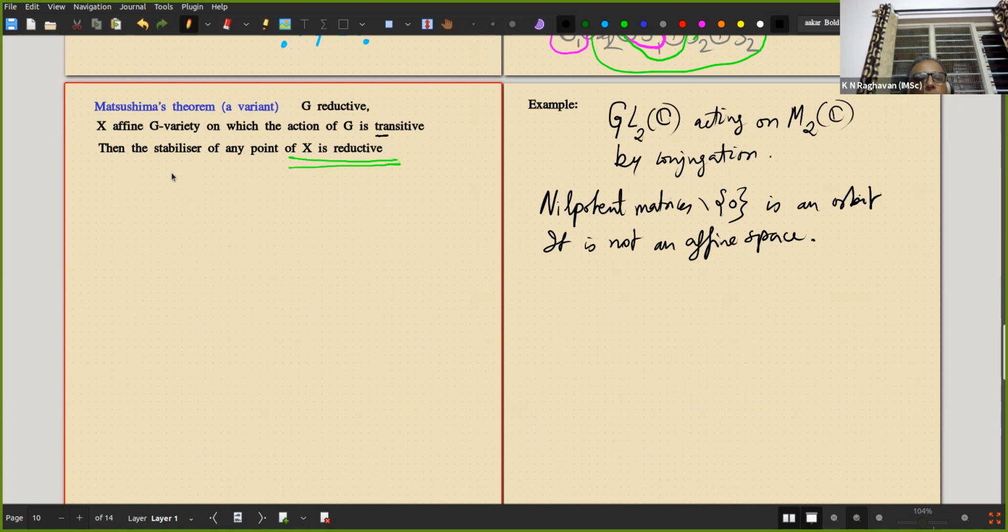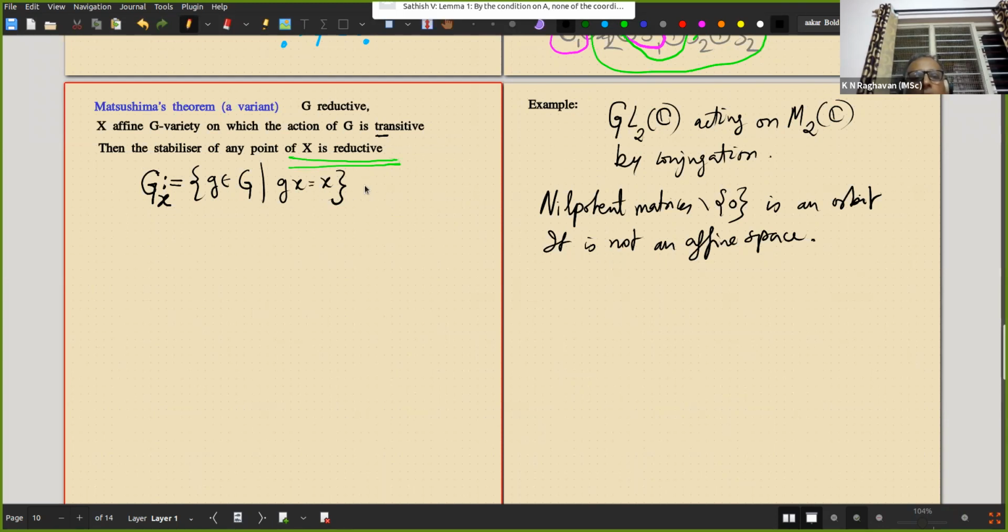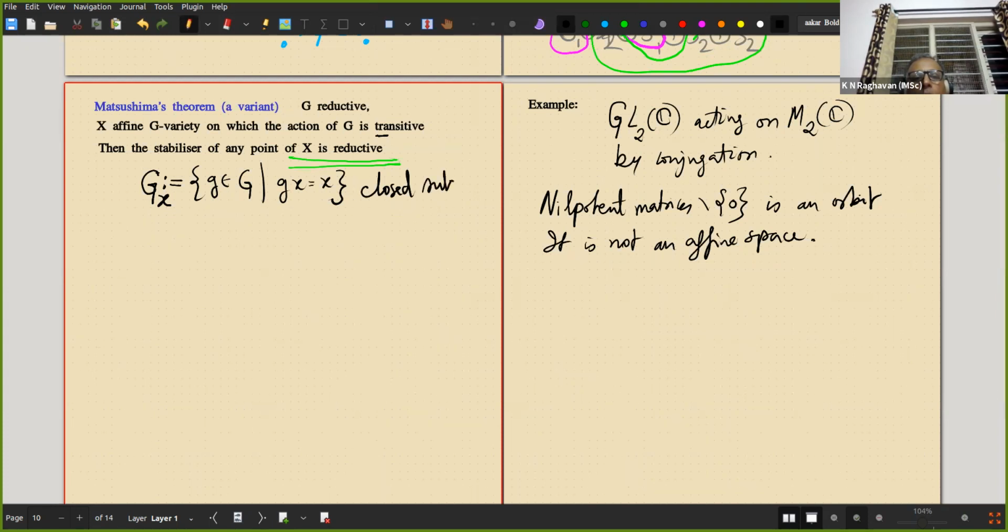What do I mean by the stabilizer? In case you have not seen this, I take a point x in X, and the stabilizer of x is defined to be all those elements g in G such that gx equals x. Now, from the definitions, it's obvious that it's a closed subgroup of G. And what we are saying is this thing is going to be reductive.